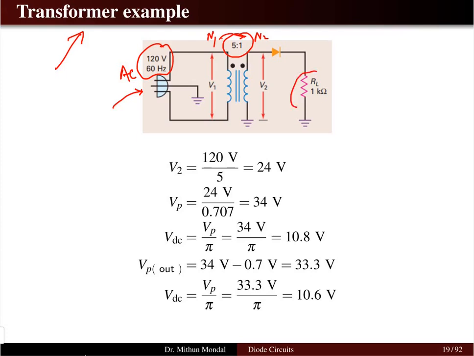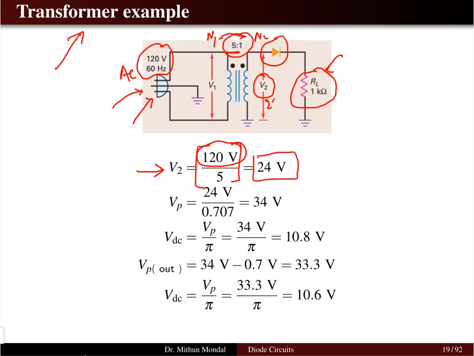There is a load resistor connected at the output of the diode, with a value of 1 kilo ohm. What is the voltage we get at the secondary, V2? With the step down ratio of 5:1 and an input of 120 volt, 120 volt divided by 5 gives 24 volt at the secondary.